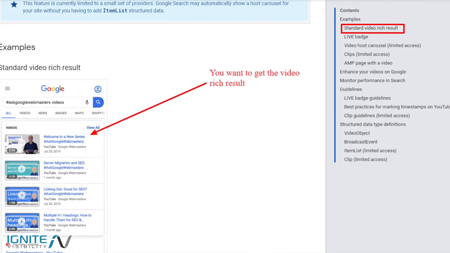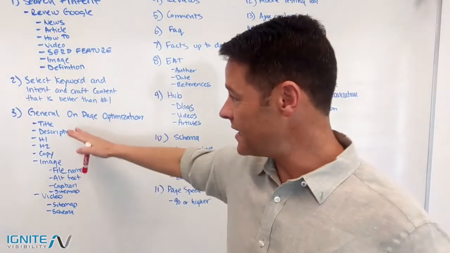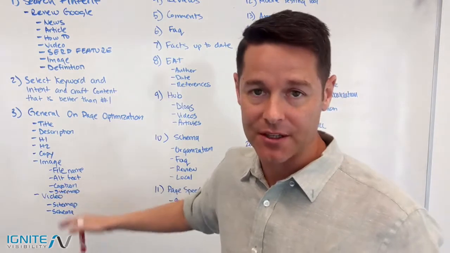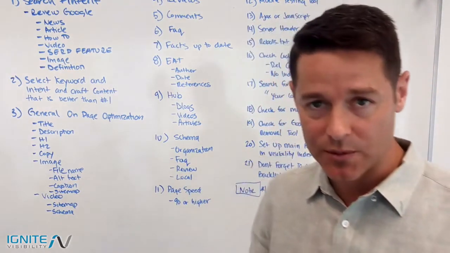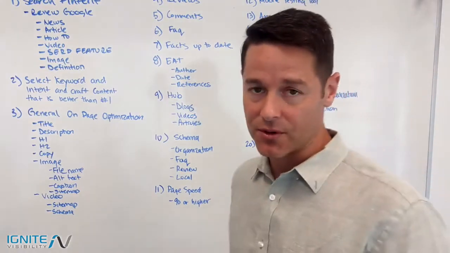These things still matter. So whatever type of content you decide that you need to make, you still want to make sure that you work the keyword into these general on-page elements. Those still matter. So you want your keyword to be in your title, in the description, the H1, the H2, and so on and so forth.